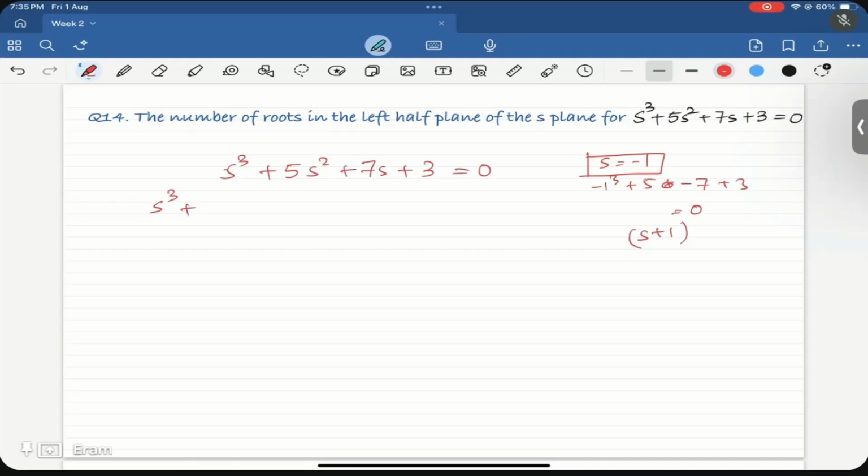So it is 4s square plus s square plus s plus 6s. Mistake I have done.